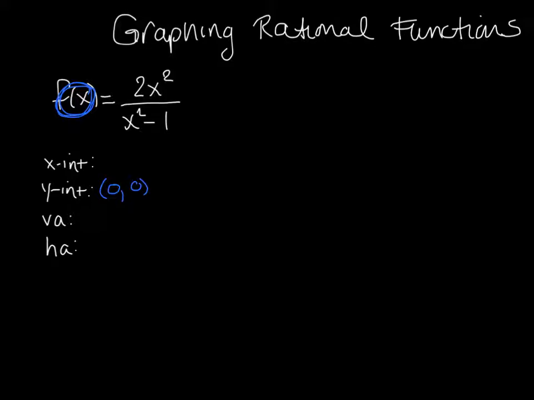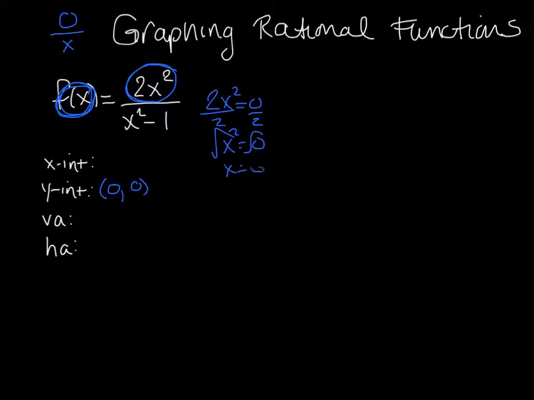But ultimately, if I can make the top equal to 0, then the whole thing will equal 0, because 0 over anything is going to be 0. So I need 2x squared to equal 0. And so when I do that, 2x squared equals 0, divide by 2, x squared equals 0, square root, x equals 0. And so for my x-intercept, we found that x equals 0 when y equals 0.